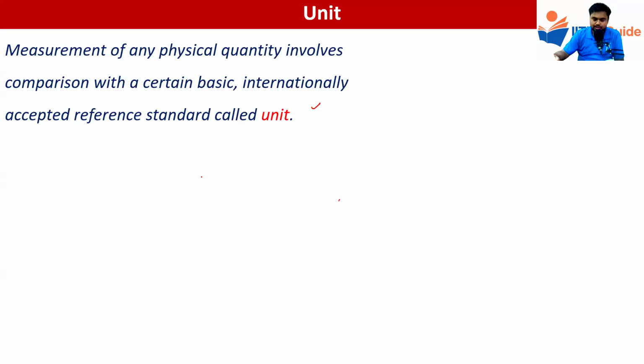for example, a person who did BTech here, MTech here, and then for PhD is going, let us say, to a foreign country. Now, in the foreign land, if the units are different, then it's going to be a mess for him.